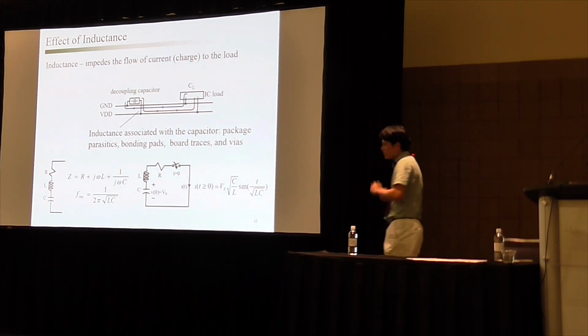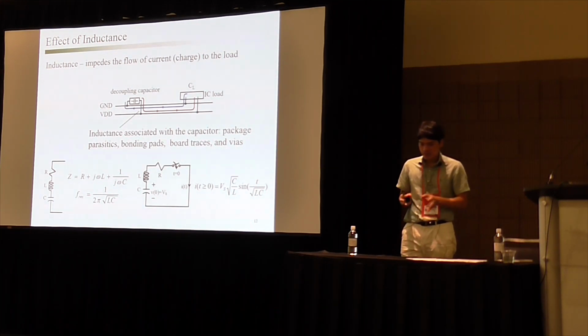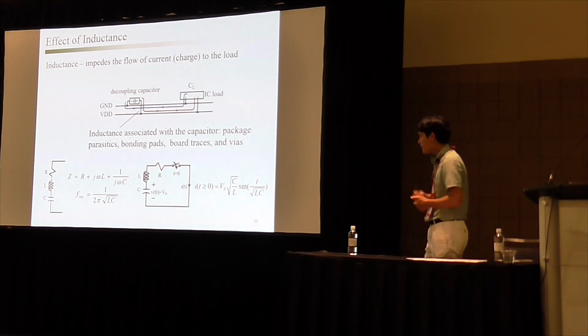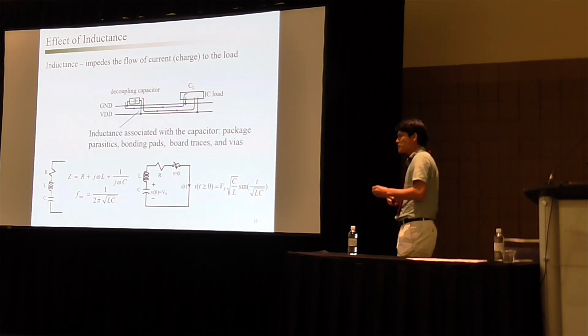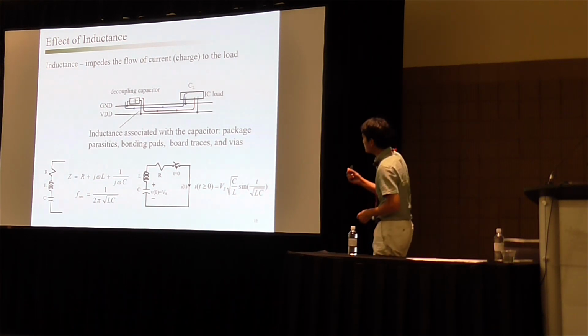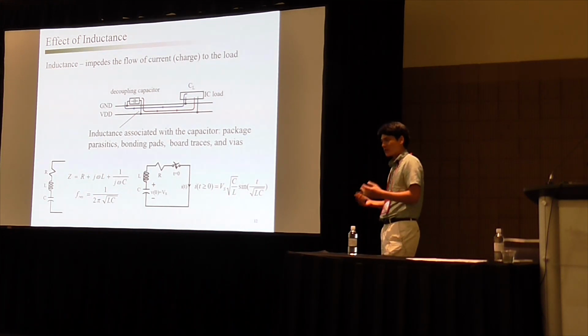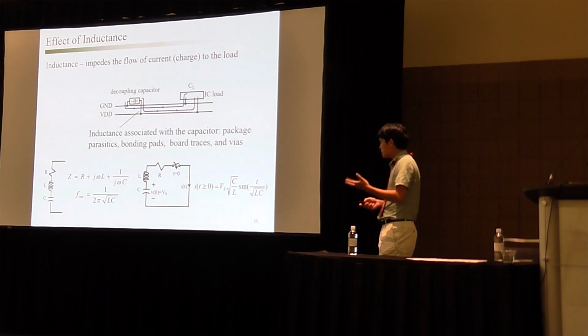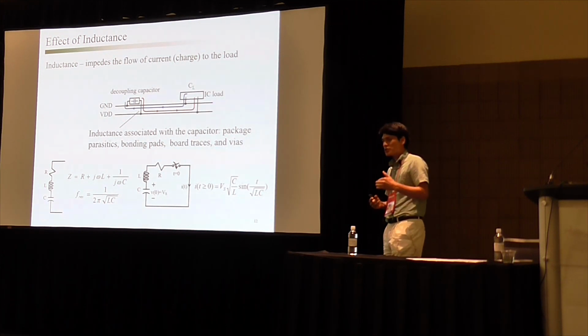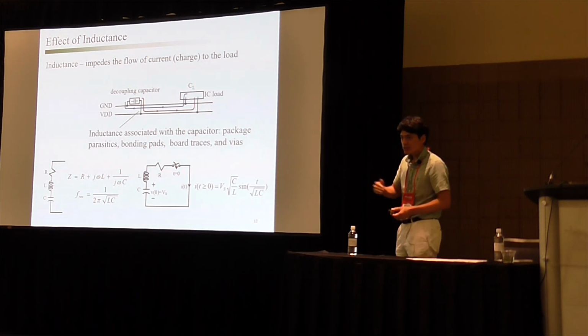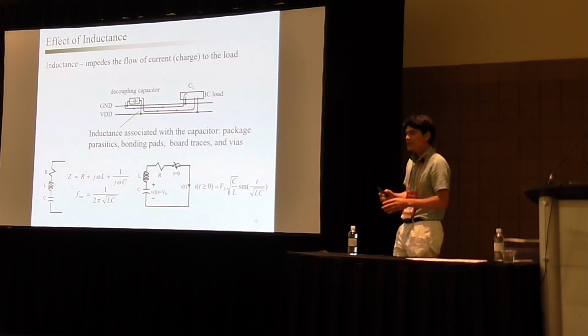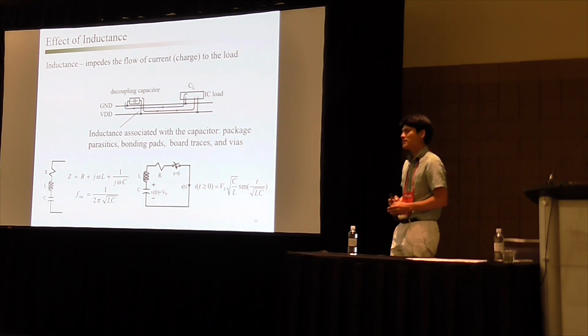So that's about the lumped capacitors. For a PDN, the most important electrical characteristic is inductance. Inductance impedes the flow of current, so it's associated with current. To understand how inductance changes, we need to trace the current path and see how it changes.